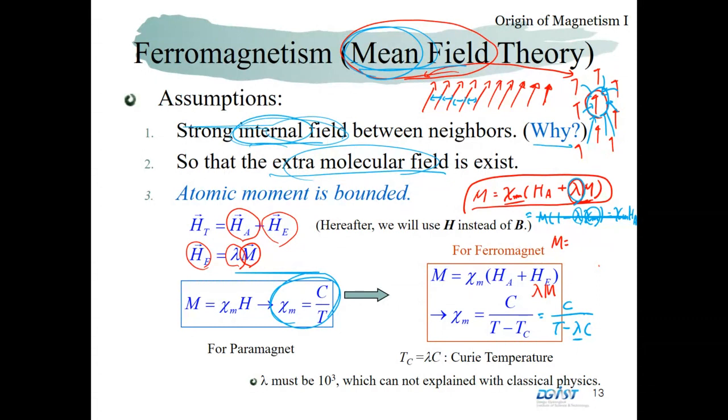It's simple math, but I'm a little bit confused now. If you use some simple mathematical trick, you can easily obtain this result. So that's the kind of dilemma in the classical mean field theory. We cannot explain such a large value of lambda by means of this model.